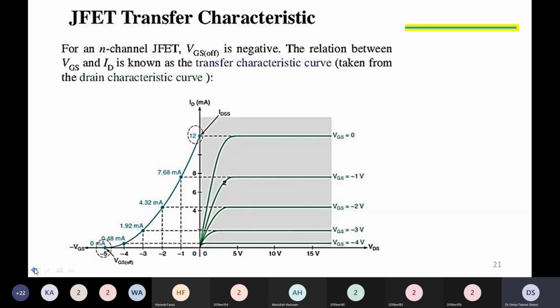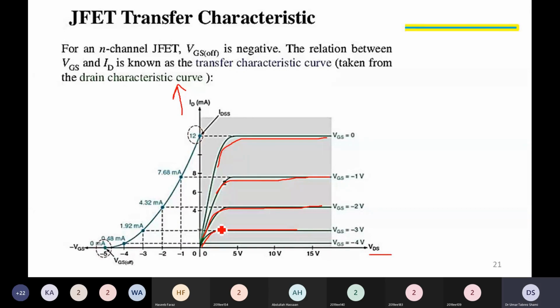So in this graph, what we see on the x-axis is voltage drain to source, on the y-axis is the drain current, and we see the various characteristics for various values of voltage gate source. For example, for voltage gate source -4 volt, -3 volt, -2 volt, or -1 volt and 0 volt.